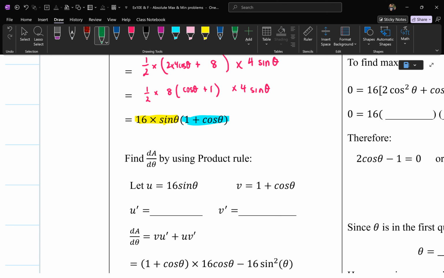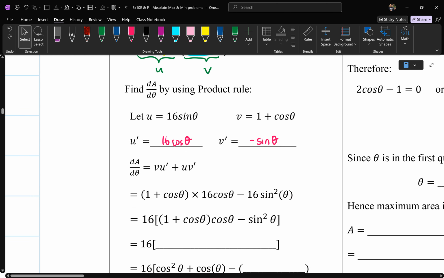So I can call this U, and I call this V. So if I do that, derivative of 16 sine theta would just give me 16 cos theta. And derivative of this is negative sine theta.